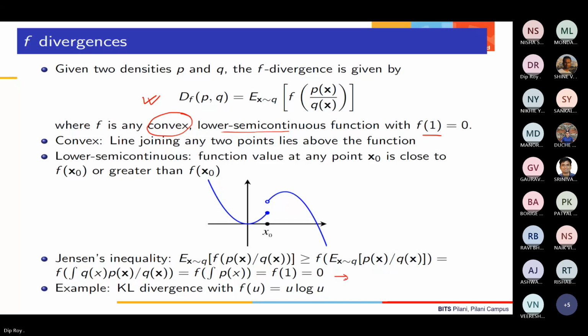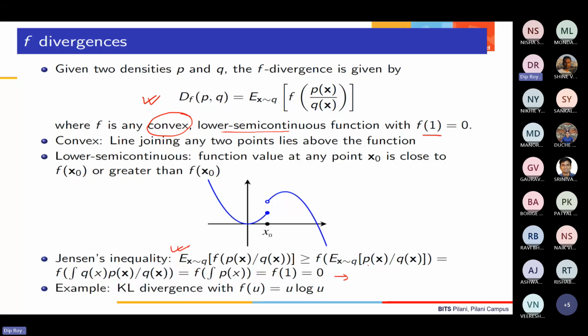Okay, so your f-divergence is given by this. You have an expectation and you have a function, and you have a convex curve. So obviously we can bring in Jensen's inequality here, and we can bring the function outside and push the expectation inside.